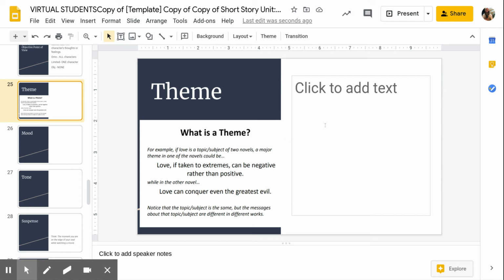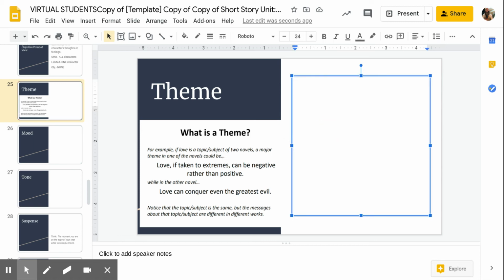The theme is the main idea of the literary work, usually expressed by a general statement about life. For example, if love is the topic of two novels, a major theme in one of the novels could be that love, if taken to extremes, can be negative rather than positive.